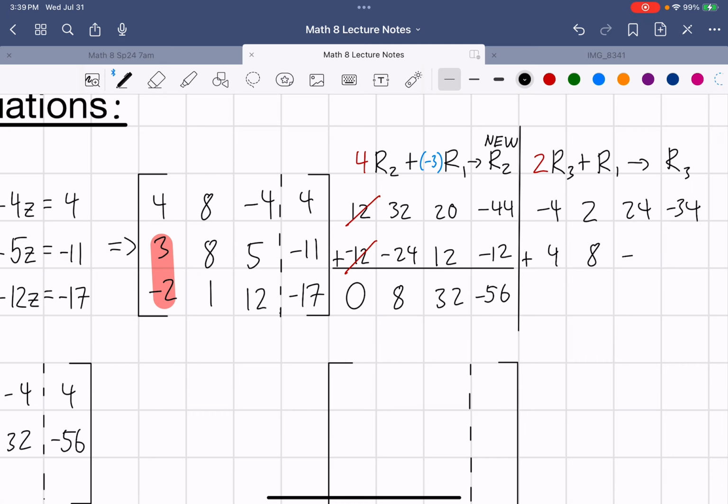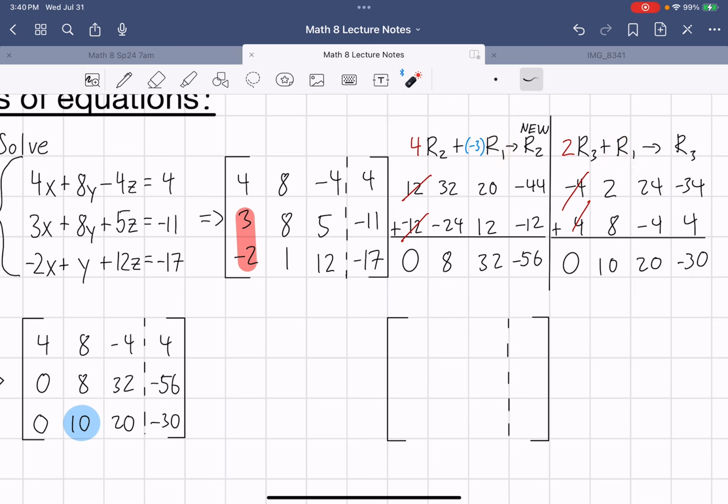Now this is where you have to be careful. Because if you notice, in both of these scenarios, I used the first row to help me cancel everything in that first column. But I'm trying to eliminate something in my third row, second column. So here I need to use the second row to help me eliminate an entry in the second column.